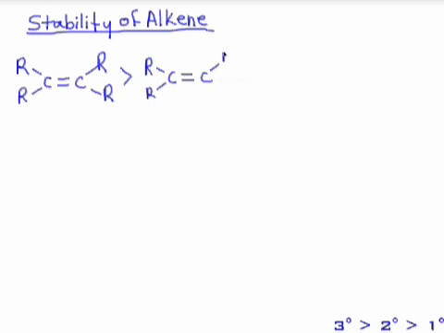So as I start replacing these R groups with hydrogens, I become less and less stable as an alkene. Now I'm not going to explain this. We will look at this more closely when we look at the heats of hydrogenation when we cover alkenes.